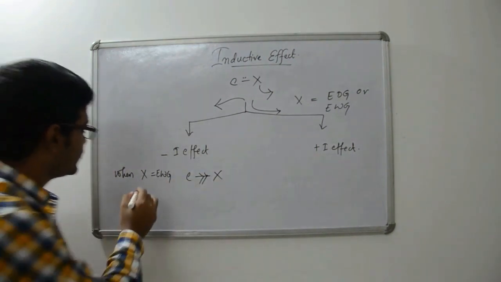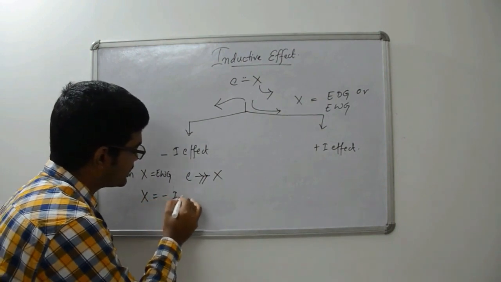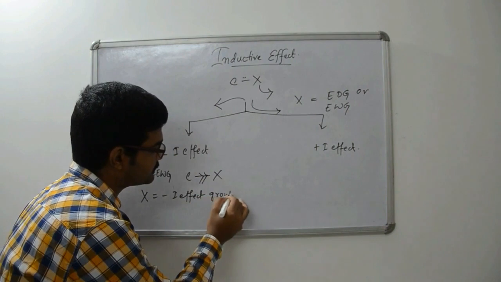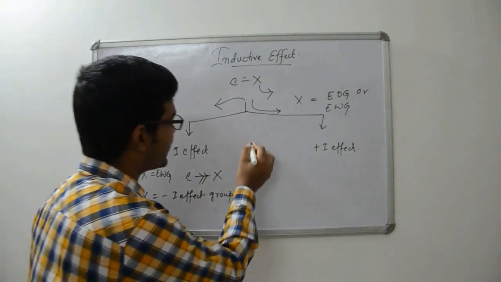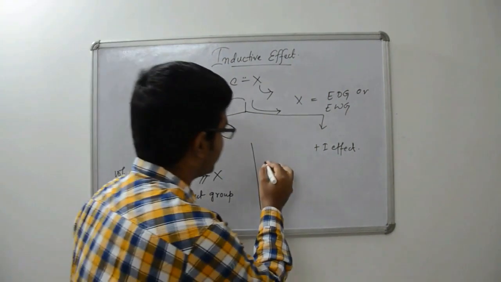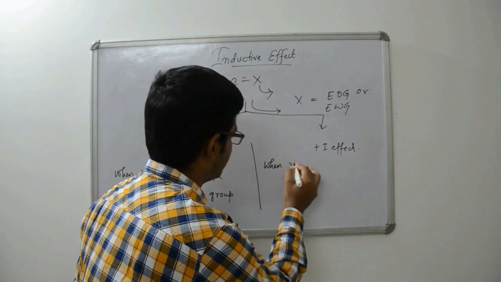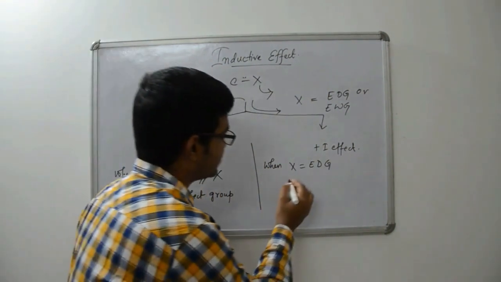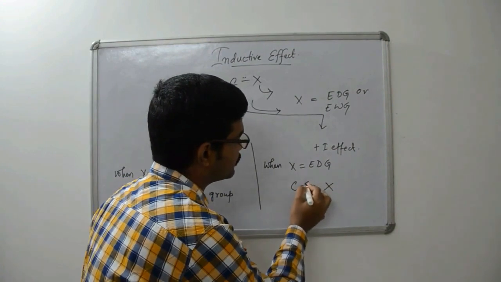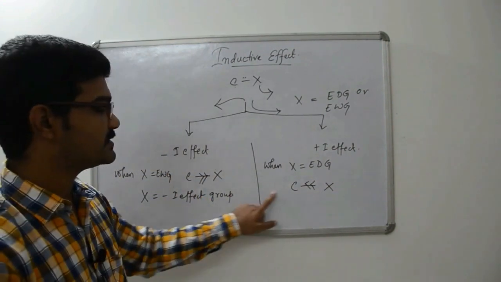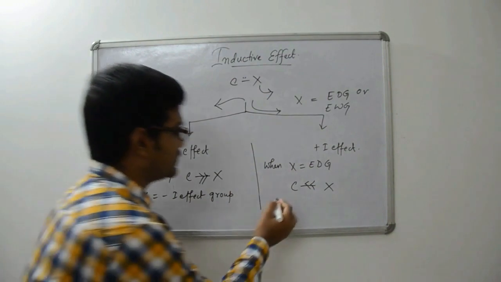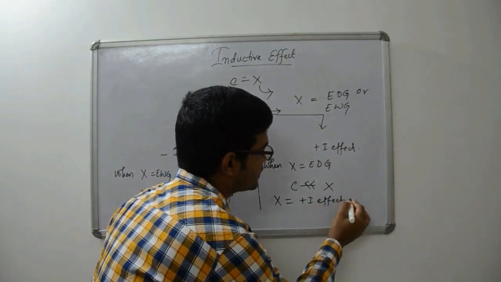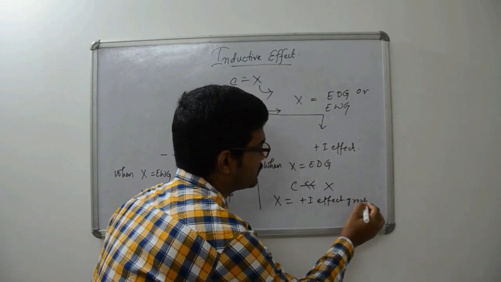Then we will call X a minus I effect group. On the other hand, when X is an electron donating group, then it donates electrons towards this carbon chain. Then we call X a plus I effect group.